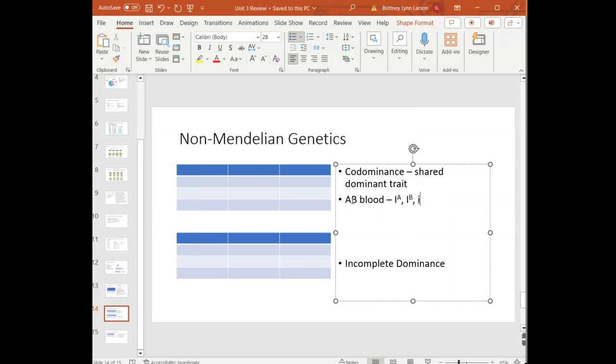So for instance, we have ABO blood in humans. Someone who has AB blood type has a dominant A and a dominant B. You still only get two alleles, okay, but you inherit two dominant alleles rather than inheriting a dominant and recessive. An individual with O blood type has two recessive alleles, okay?